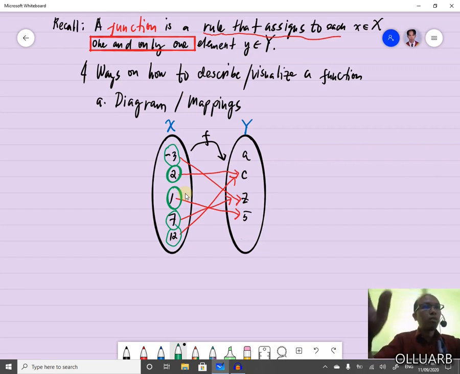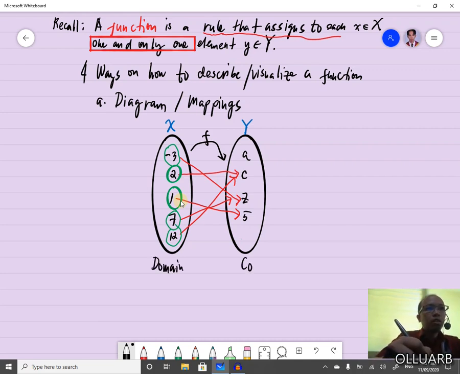So remember in your algebra and trigonometry class, if there are two or more mappings, more arrows here, this means that it is now called a relation. Okay, so then notice that this is the domain here, and the other one is the codomain.